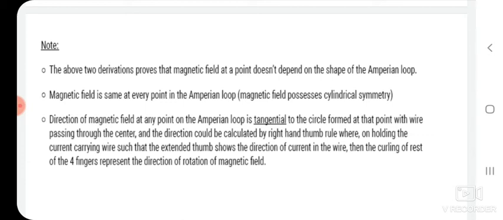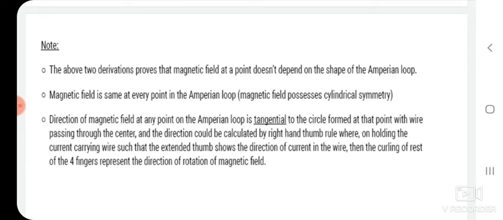Magnetic field is the same at every point in the Ampere's loop. Magnetic field possesses cylindrical symmetry.